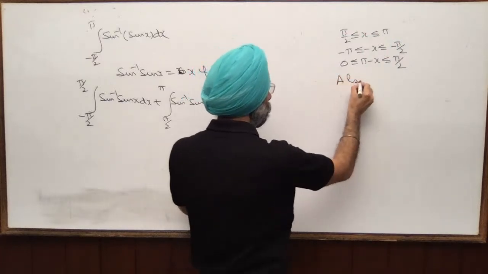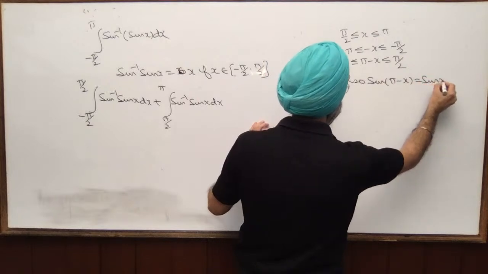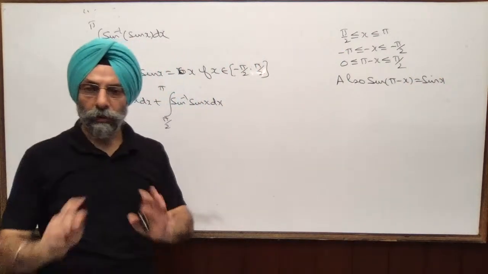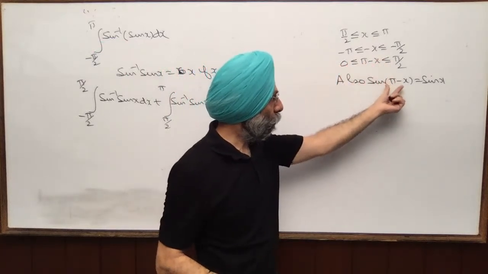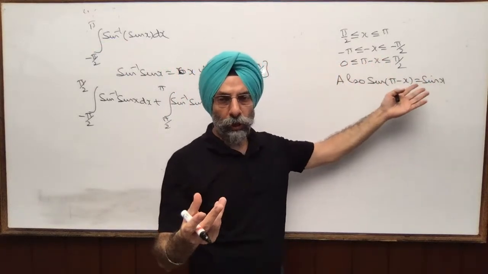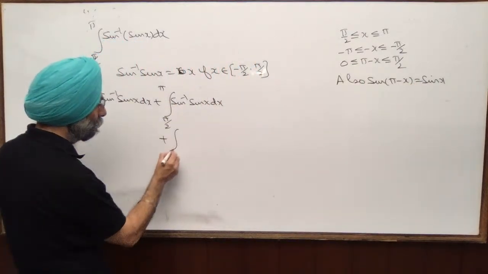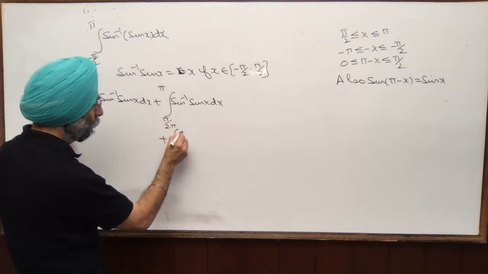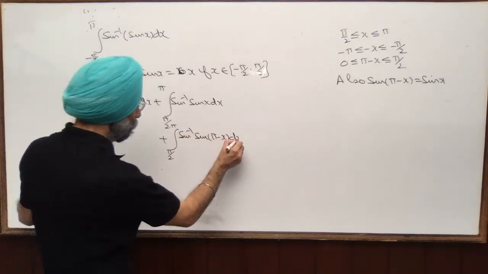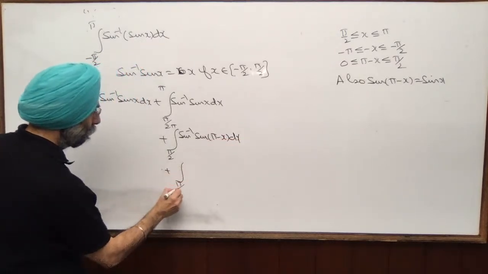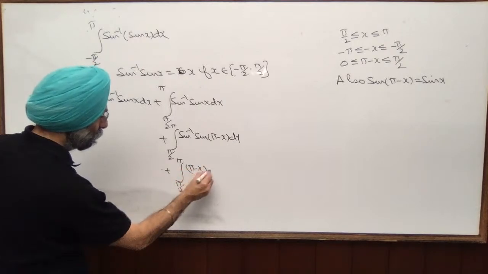Also sine of pi minus x is equal to sin x. सारा कुछ चेक कर लिया, principal value branch में angle आ गया और उस angle के through मेरे को जो sin x है same आ रहा है, which is same as sin of 180 minus x. So plus pi by 2 to pi sin inverse of sin of pi minus x. So plus pi by 2 to pi, it is pi minus x dx.